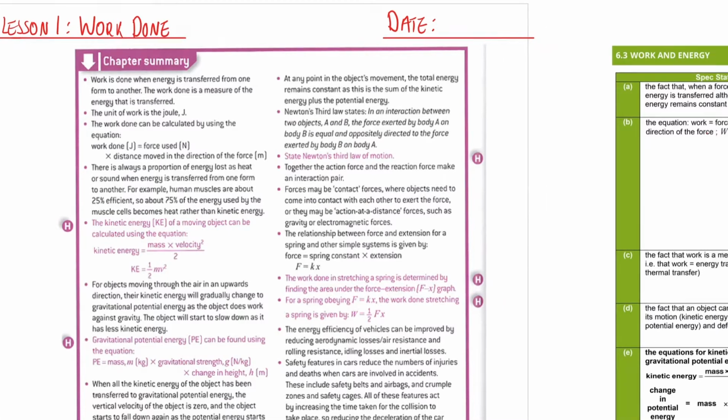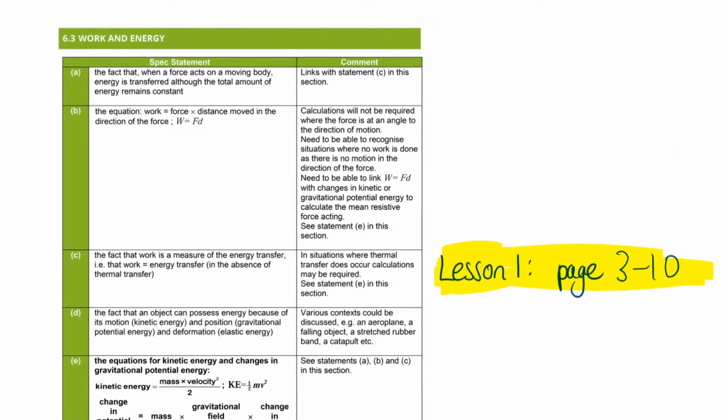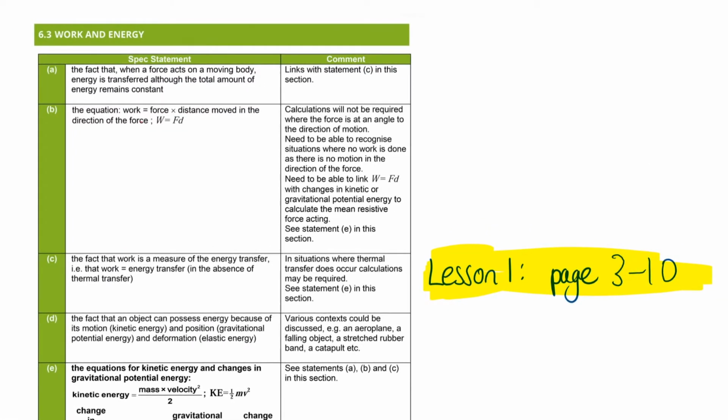This is the specification, and in this lesson we're going to learn about what is work done and the fact that work is a measure of energy transfer. We're going to use this equation, W equals F times d, which is work equals force times distance.